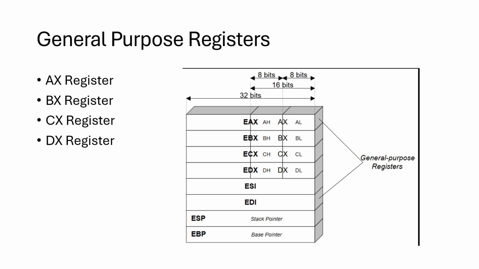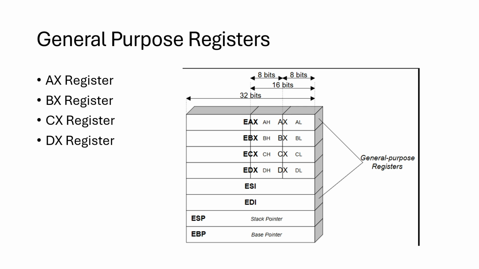The CX register is also known as the count register. It may contain a value to control the number of times a loop is repeated, or to check if the value shifts bits left or to the right.